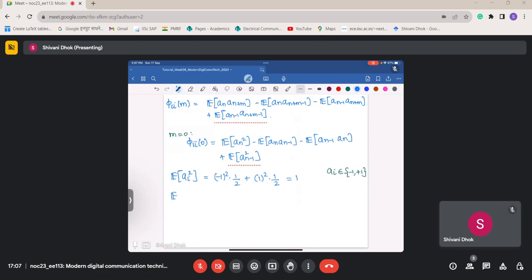And if we consider a_i a_j, for all i not equal to j, this is equal to expectation of a_i into expectation of a_j. Why? This comes out because a_i is an uncorrelated sequence.